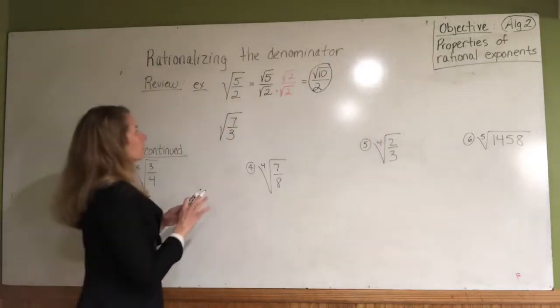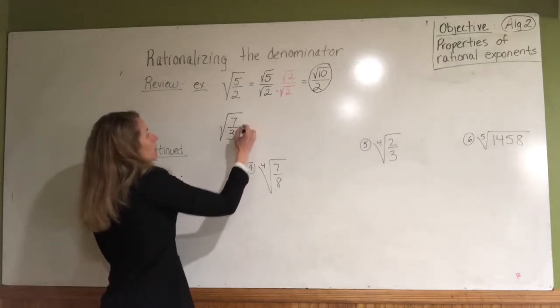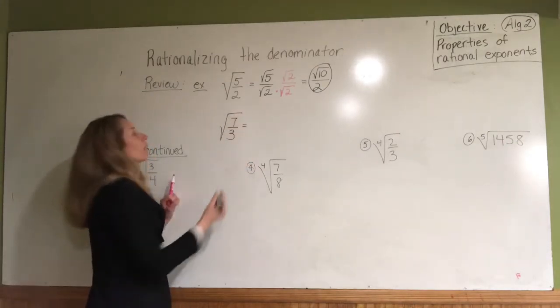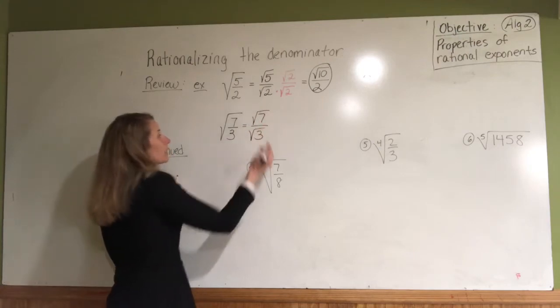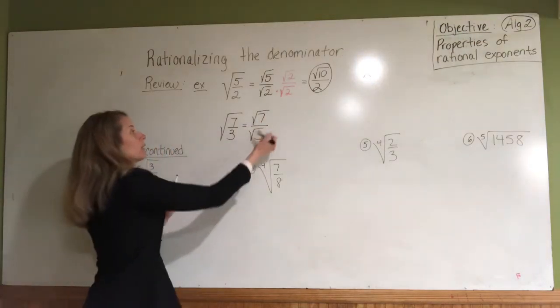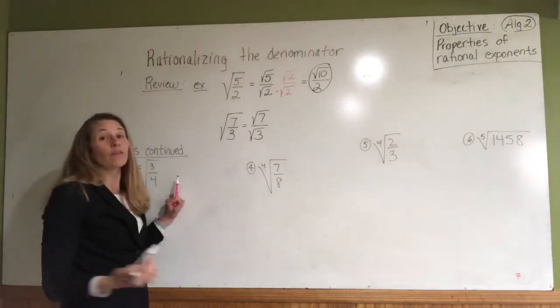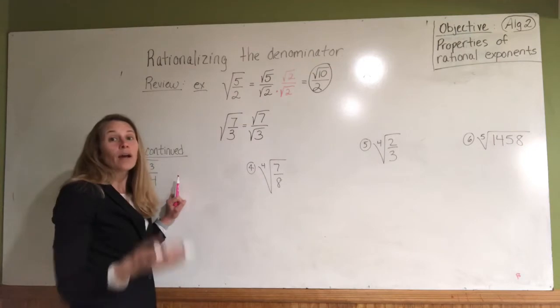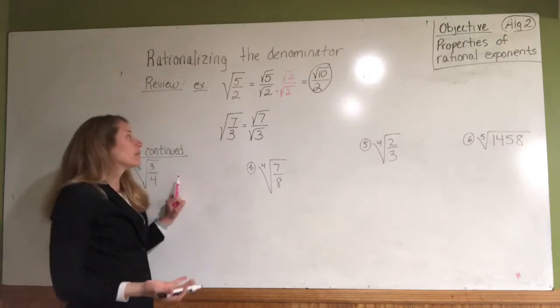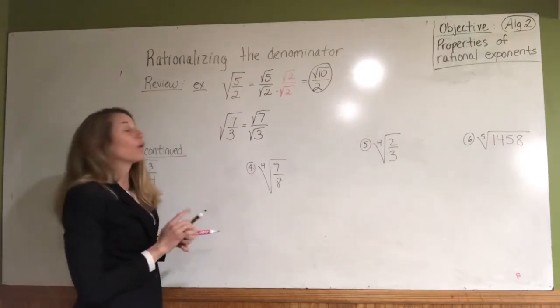So let's try another example. Again, if we have a quotient inside of our radical, we can always use those properties to separate it. And sometimes that does help us. Sometimes these numbers that we end up with are perfect squares that we can solve, or they're numbers that can be simplified using our factors. But in this case, we're as far as we can go, right?